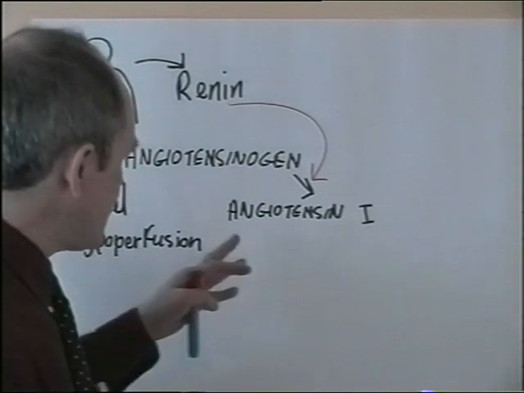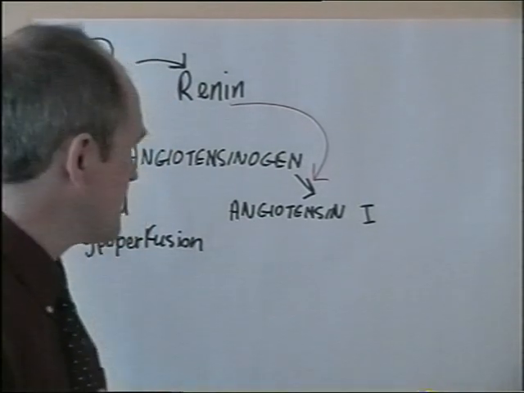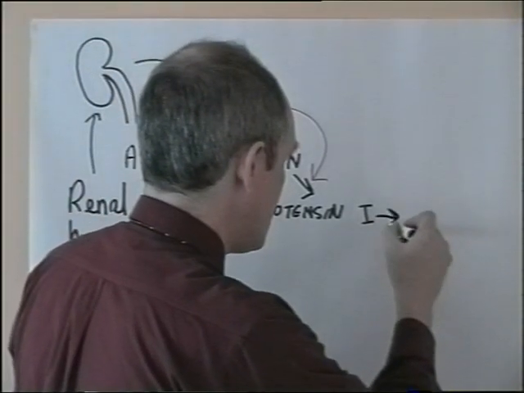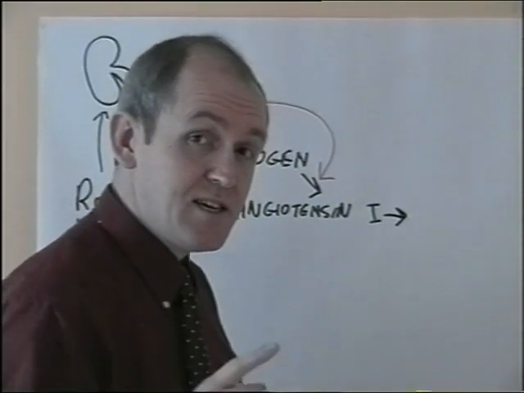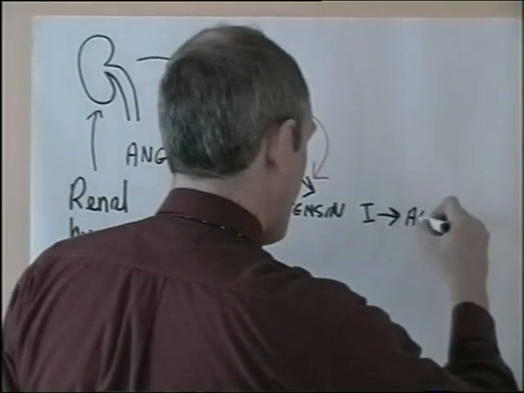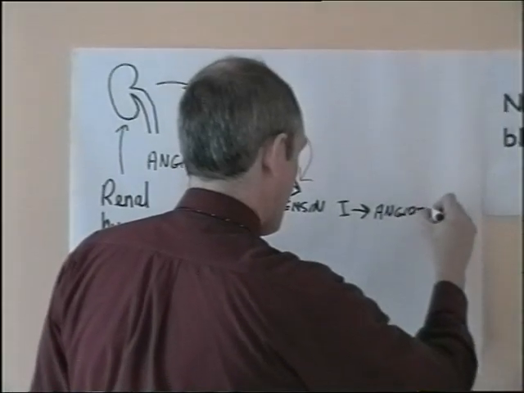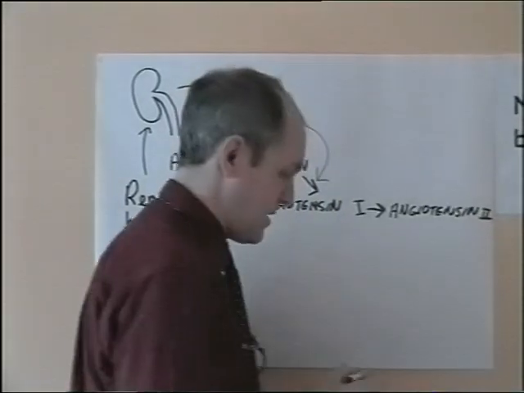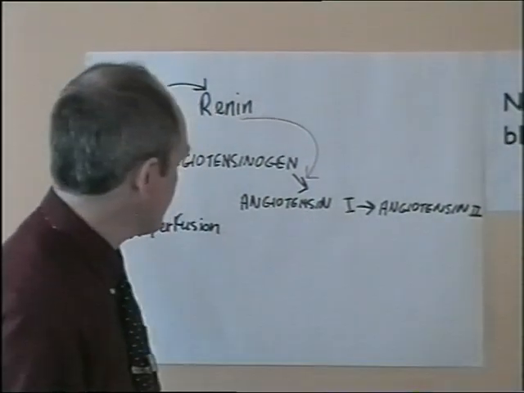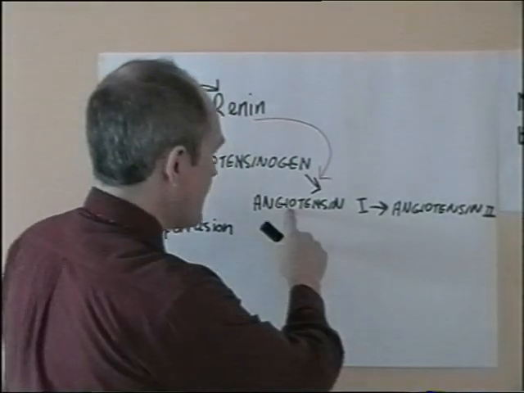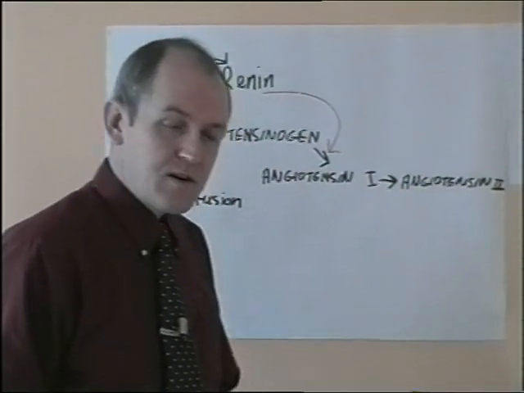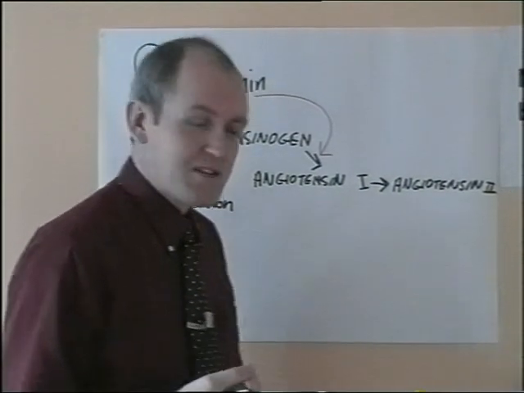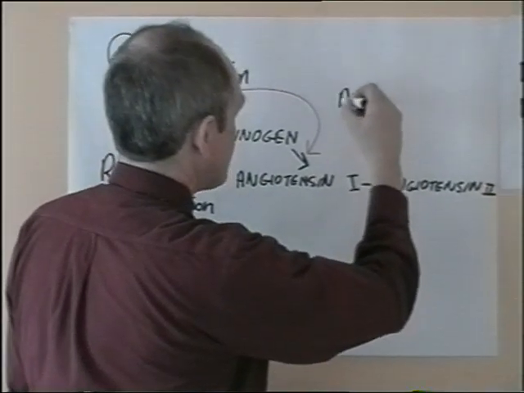But actually, even angiotensin 1 is not that active a molecule. But angiotensin 1 can be converted into another molecule called angiotensin 2. Angiotensin type 2. Now, angiotensin 1 is converted into angiotensin 2 by an enzyme called angiotensin converting enzyme, ACE.